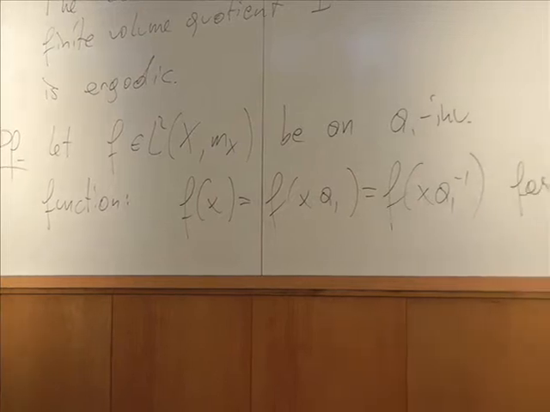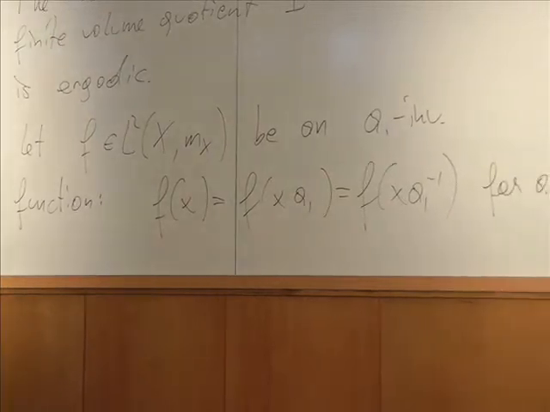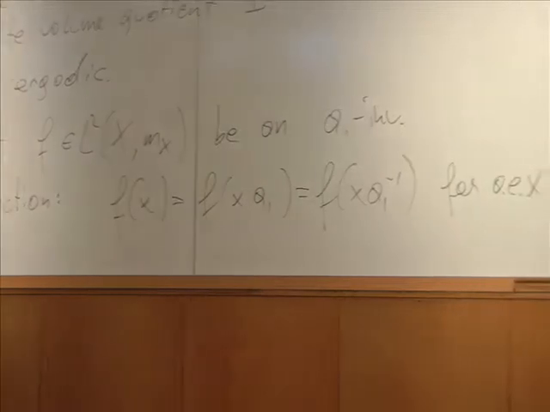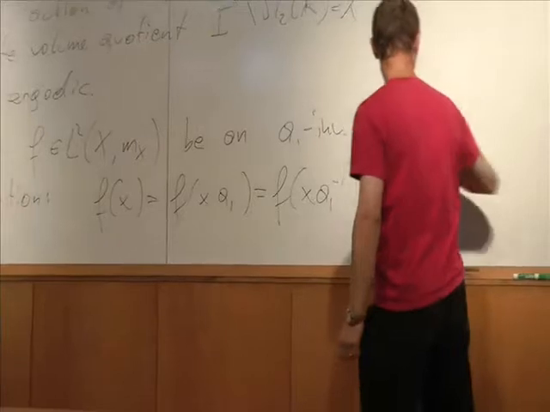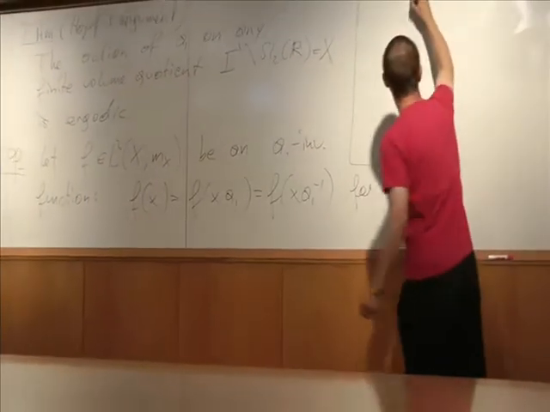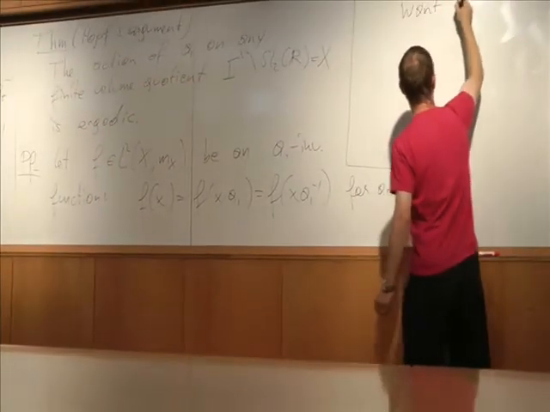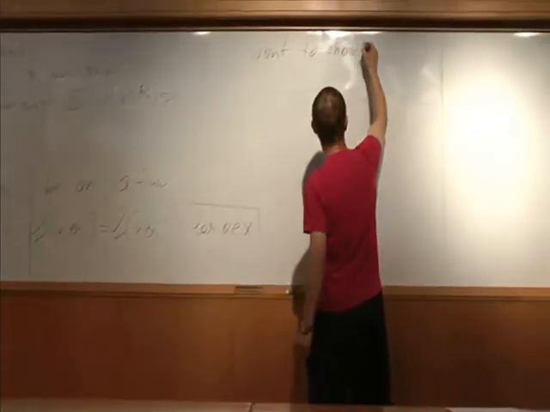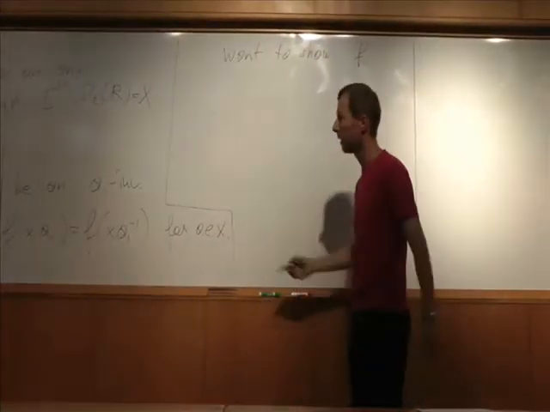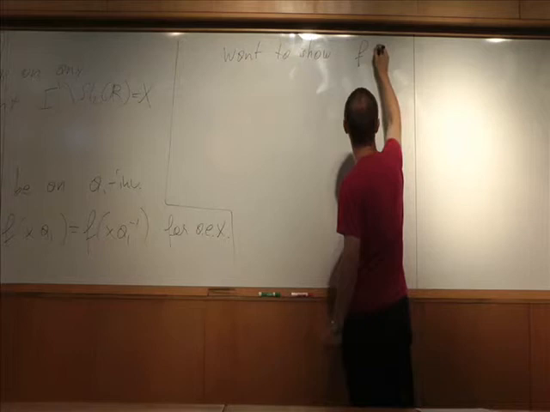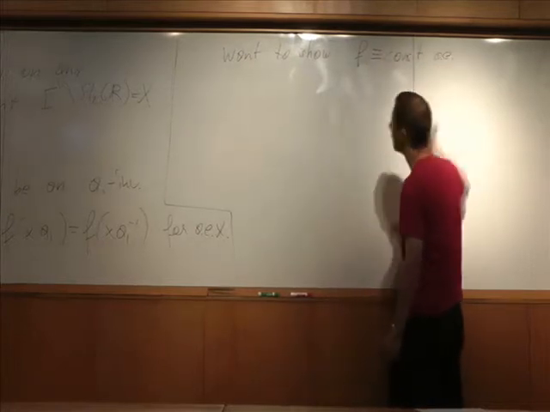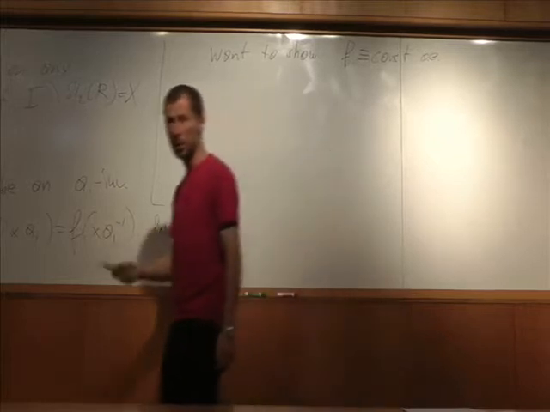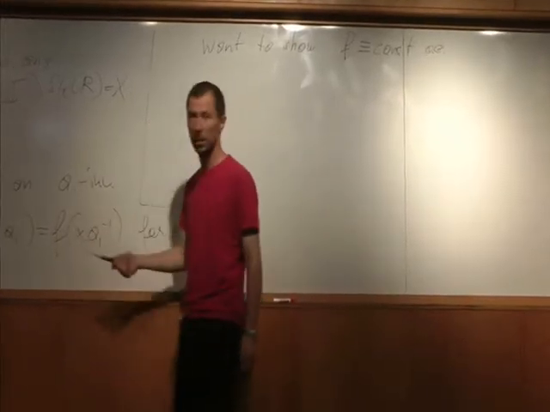Today we don't want to cheat as much as yesterday. We only have this at almost every x. And what do I want to show? F is constant almost everywhere.